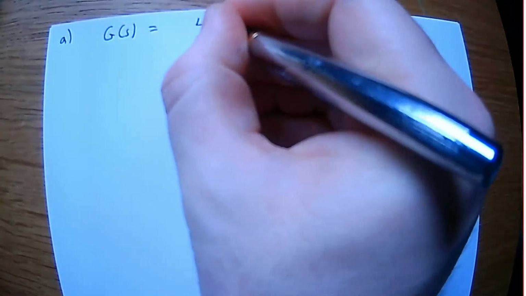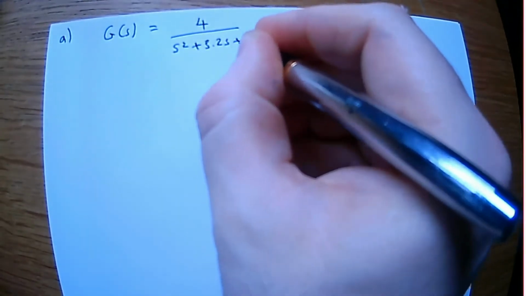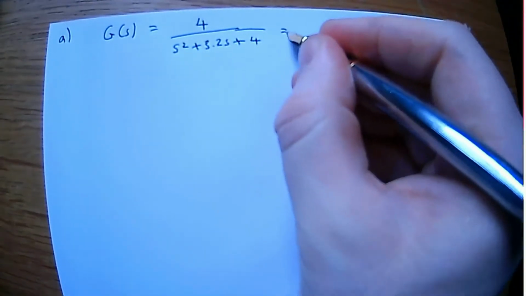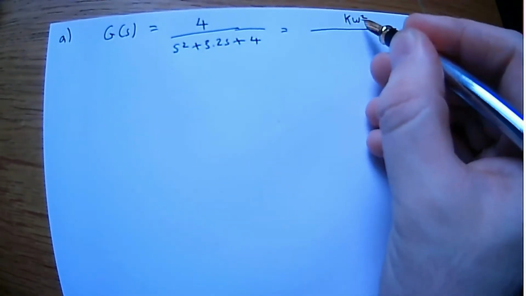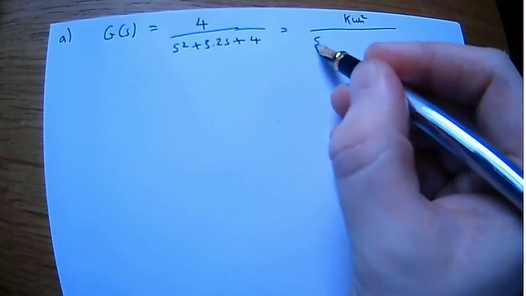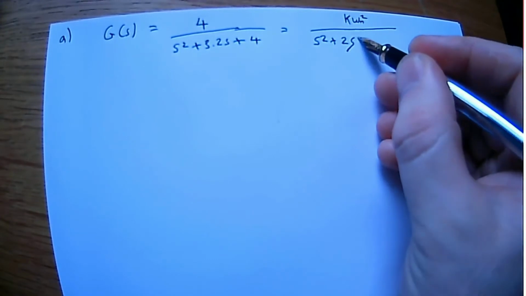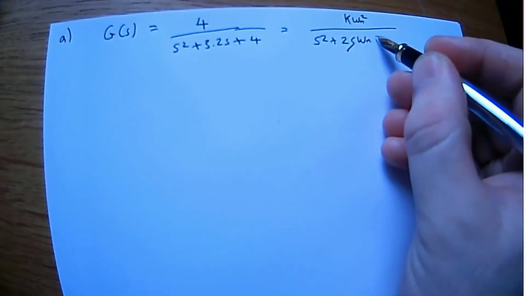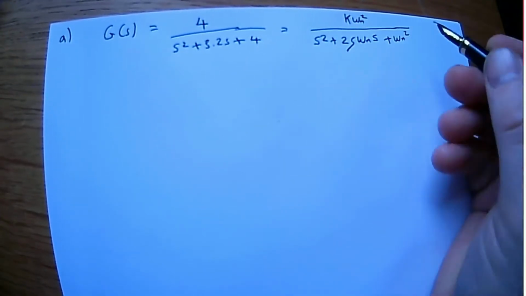So if you recall question A, the transfer function is given by 4 over s squared plus 3.2s plus 4. This is equal to the standard form for a second order transfer function: K, your system gain, times omega n squared, your natural frequency squared, over s squared plus 2 zeta omega n s plus omega n squared, where zeta is your damping ratio.